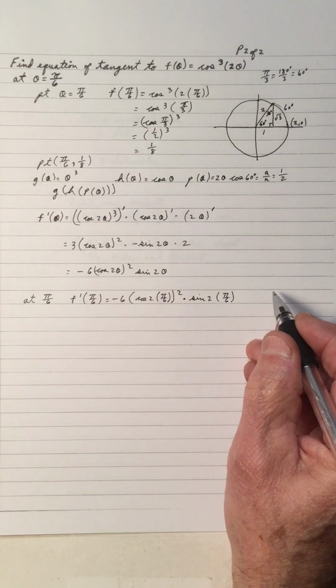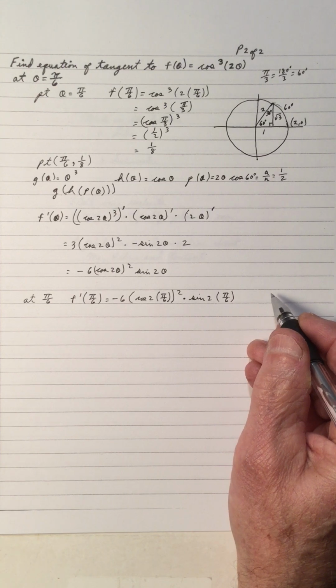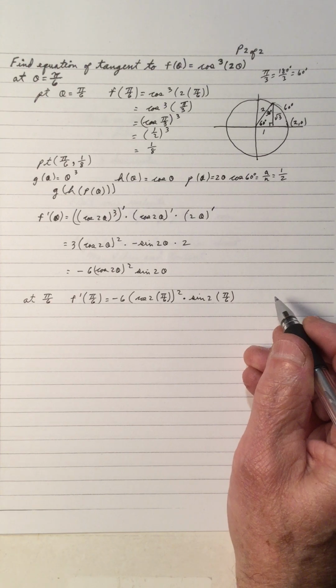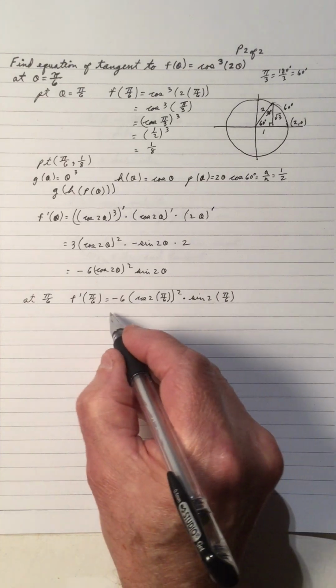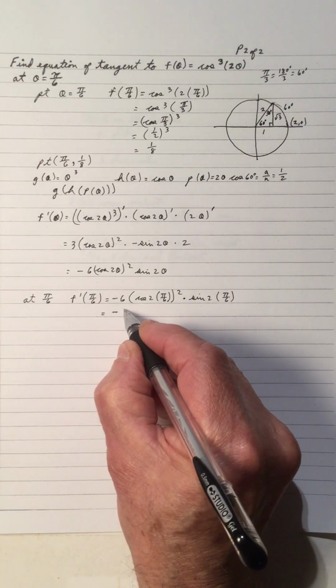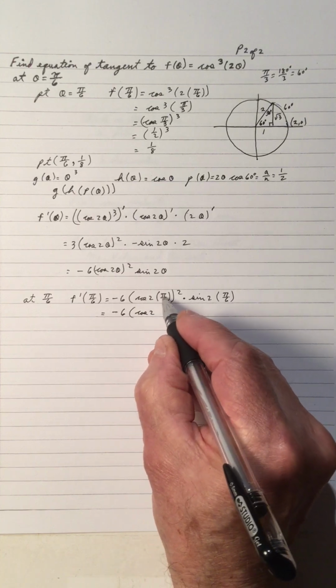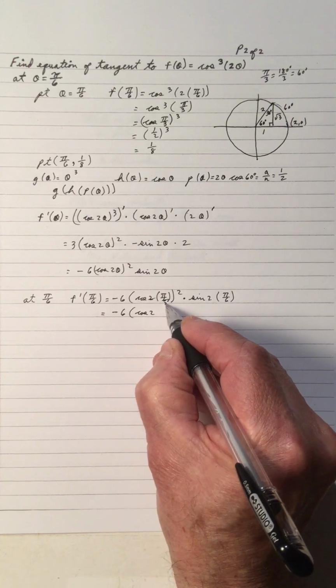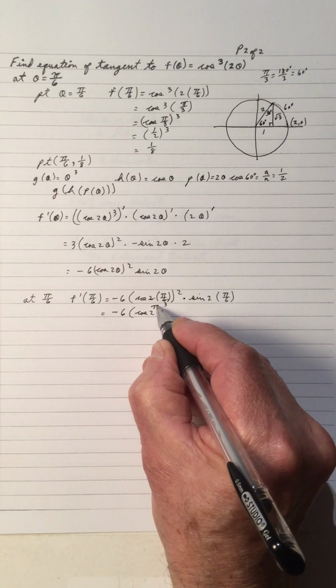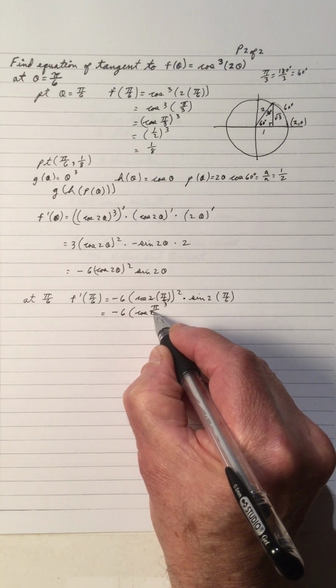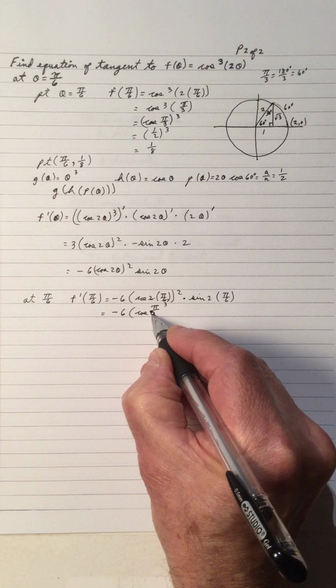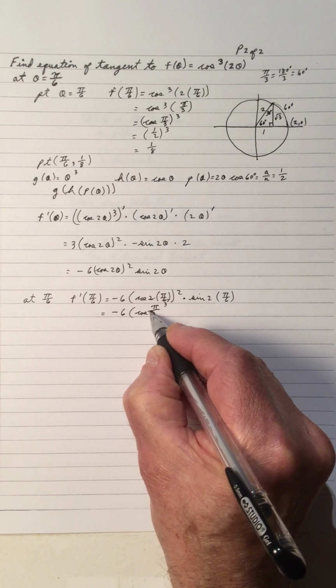So there it is subbed in. Now we simplify this, so we have negative 6 cos 2. 2 into 6 goes 3, so that's pi over 3. Make that a 3. Pi over 3.